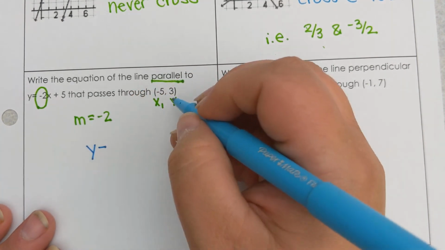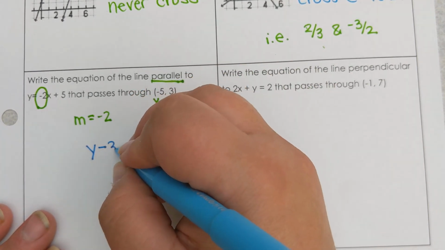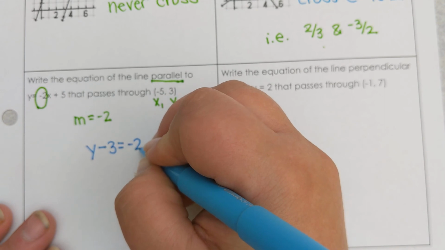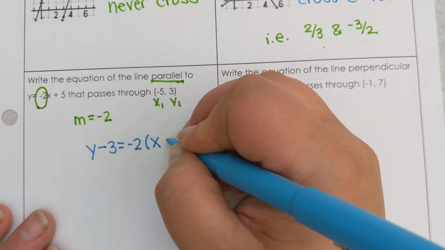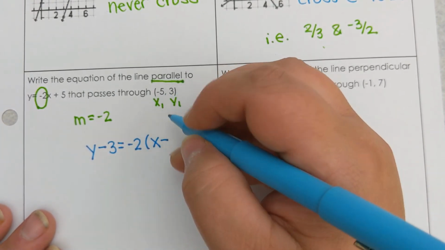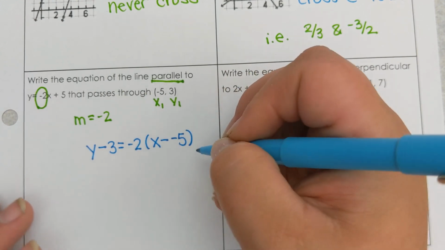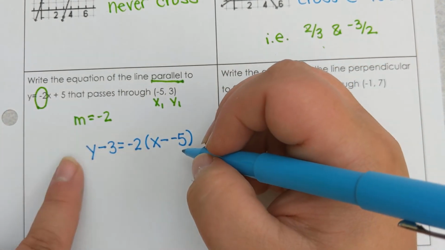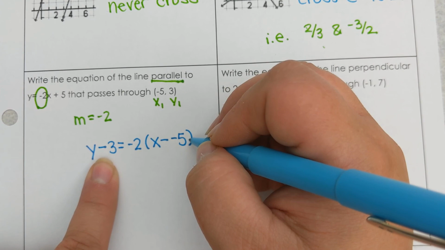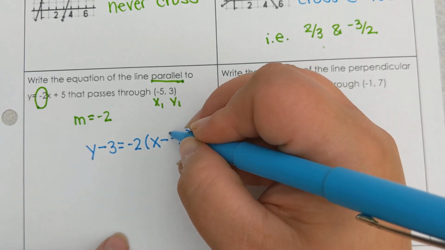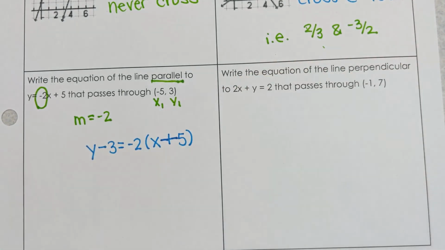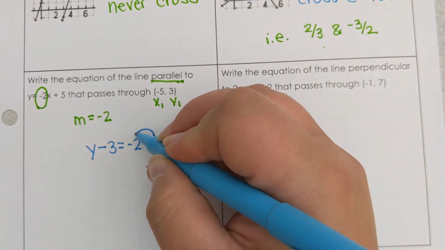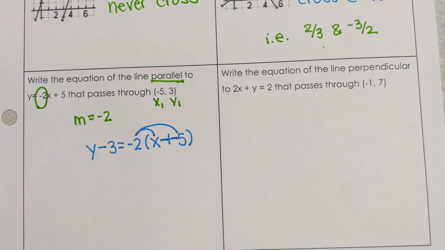y minus the y value, 3, equals negative 2, x minus the x value, negative 5. Slope goes in the middle, y minus the y value, x minus the x value. Because of the two negatives, this is going to turn into a plus, and I'm going to multiply the negative 2 through the parentheses.